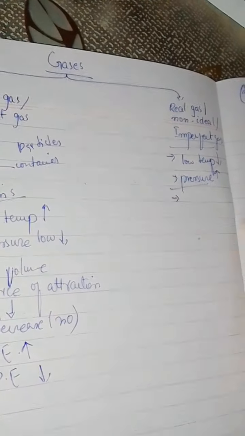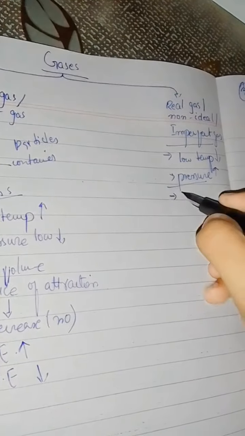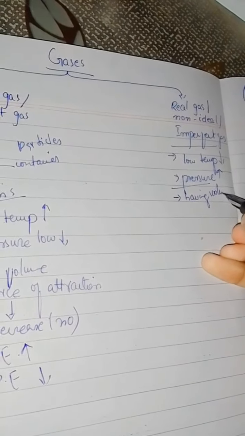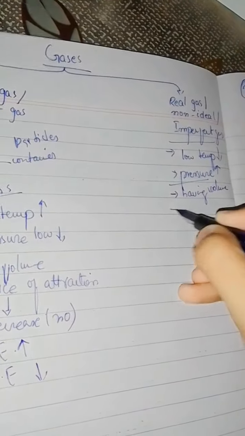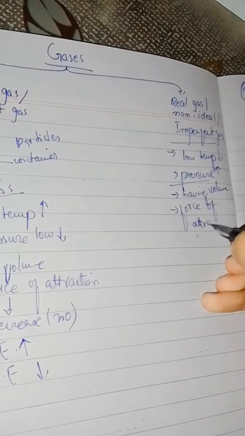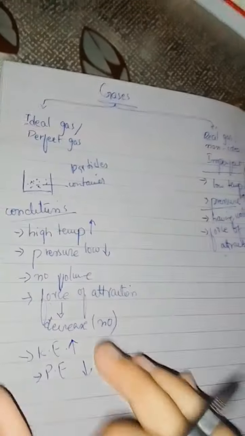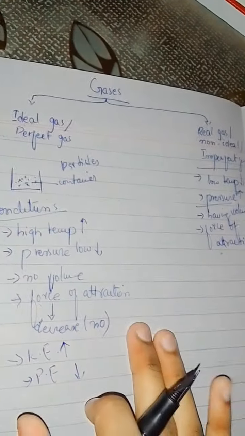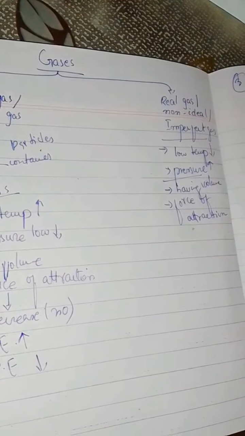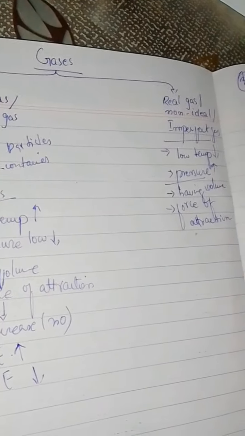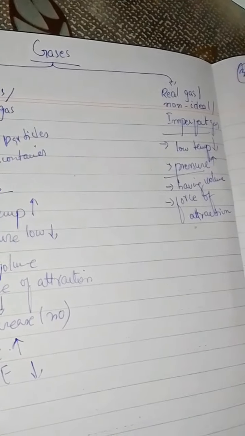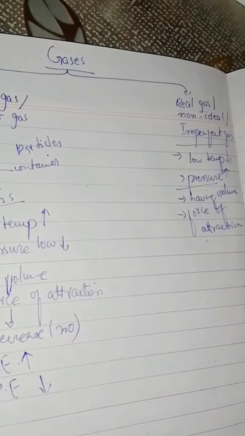When the particles move close to each other, they will have a volume, and there will be a force of attraction as well. There the particles were apart, so there was no force of attraction, but here the particles are near each other, so the force of attraction will increase, meaning there will be attraction as well as repulsion.